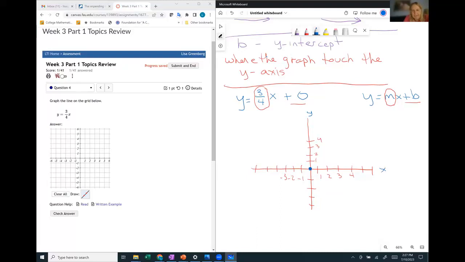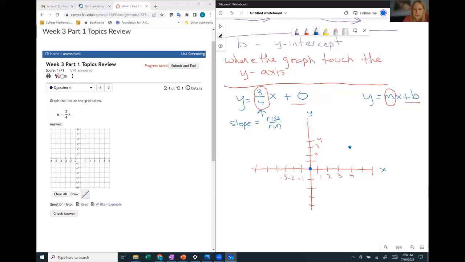And then I know that my slope is 3/4, which is the rise over the run. So that means I'm going up 3, 1, 2, 3, and to the right 4, 1, 2, 3, 4. Do you see? So I went up 3 and I went to the right 4 because up is positive and right is positive.